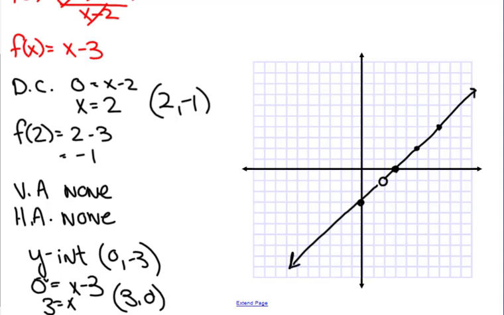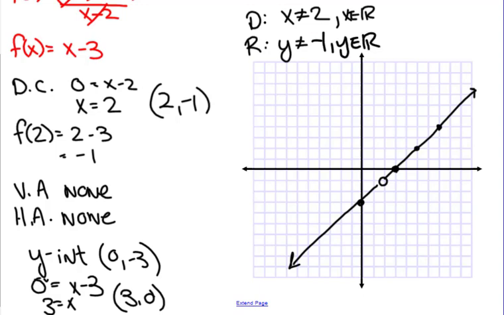So our domain for this graph would be x cannot equal 2, but other than that, x can be anything. And our range is y cannot equal negative 1, but other than that, y can be anything.